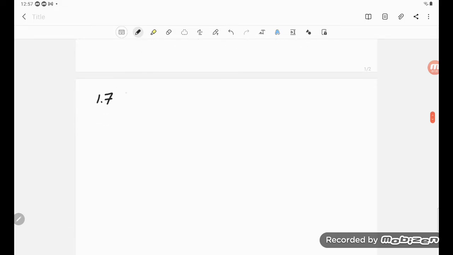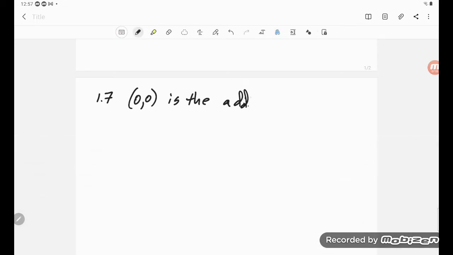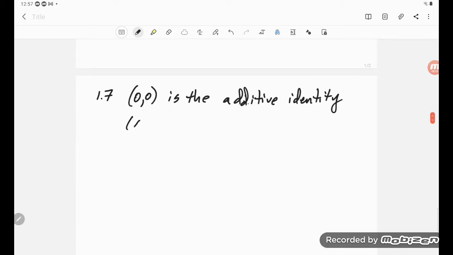1.7 is 0, 0 is the additive identity. Okay, so that's just saying that if I take, you know, xy plus 0, 0, I get back xy.